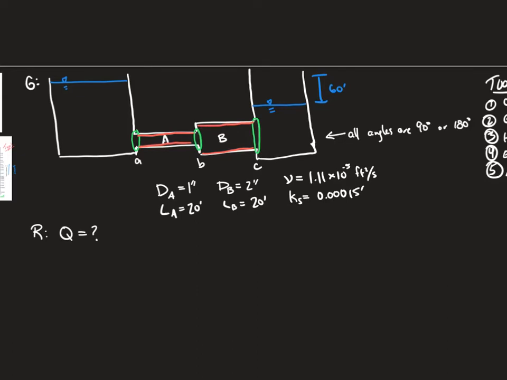Then there's the last thing. What they're saying is that the elevation of the surface of the water in the first reservoir is 60 feet higher than in the second reservoir. So if there's 60 feet of elevation difference between the two reservoirs, what's going to be the flow rate between them?